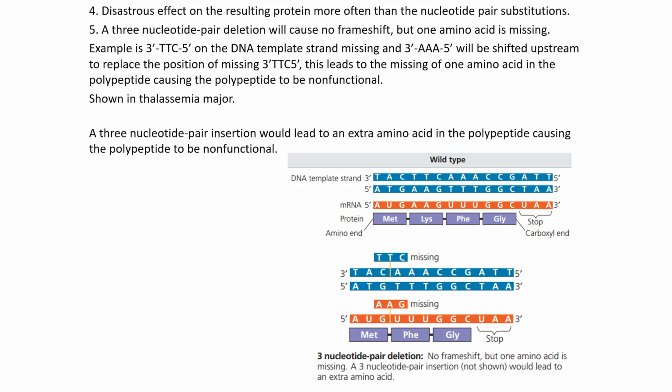So what will happen to the protein? It will be non-functional.